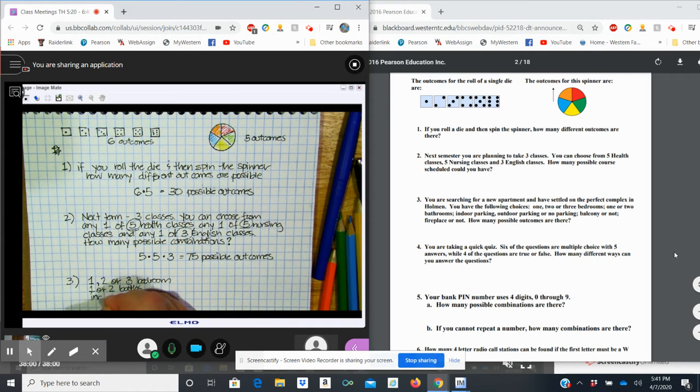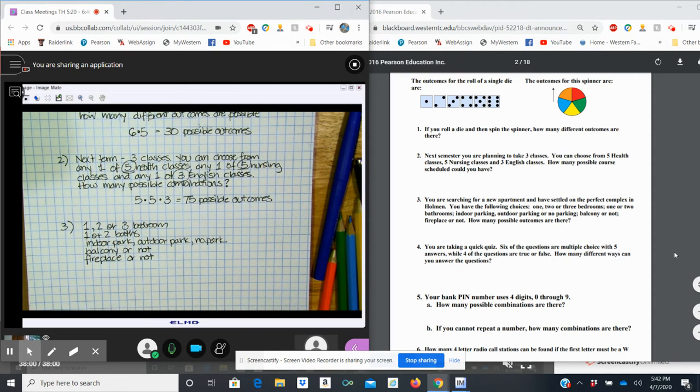You could have indoor parking, outdoor parking, or no parking, as in you don't have a car or don't need one. You could choose a balcony or not. And you could choose a fireplace or not. The question is, how many possible outcomes?